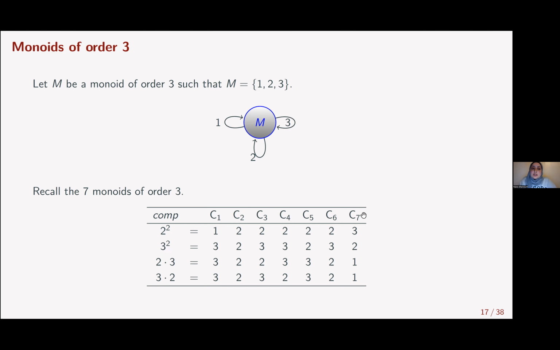So this is actually Z3, the only group of size 3. All of the other monoids are not groups, but they have different algebraic structures from one another. And this is what we are going to do here: we're going to study their algebraic structures.